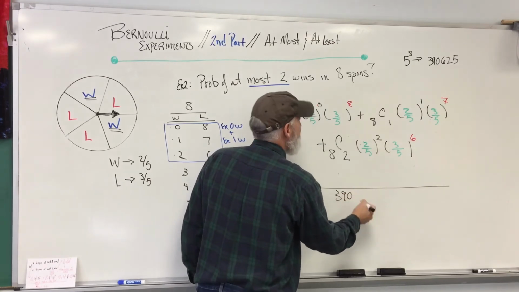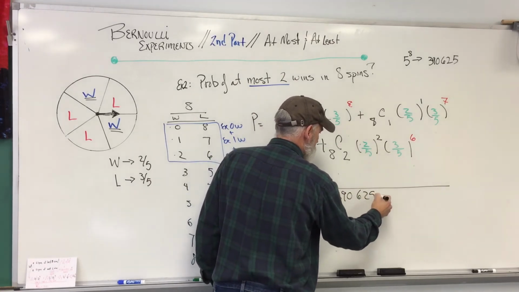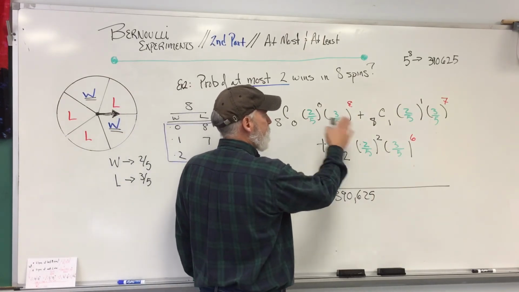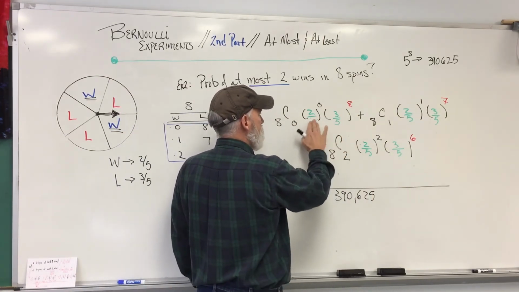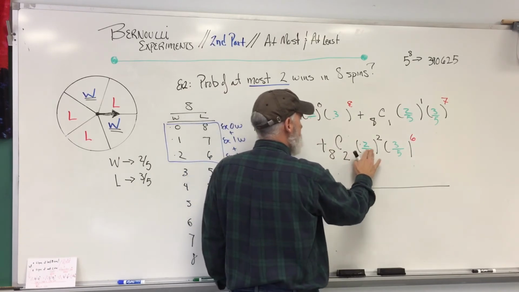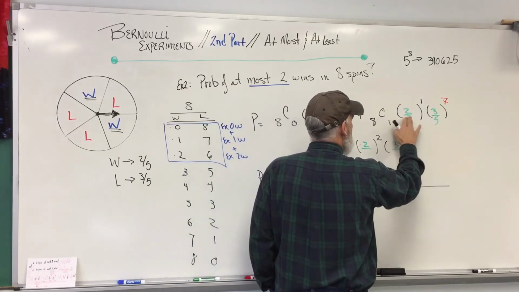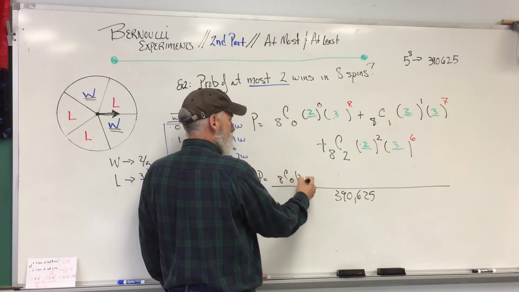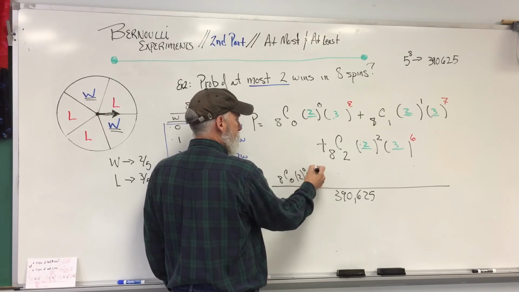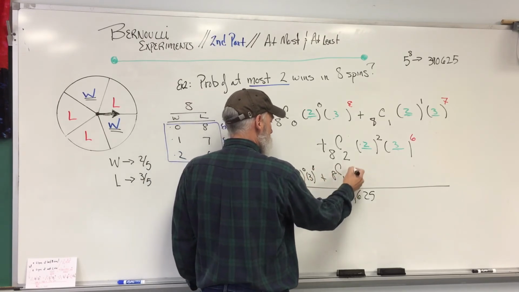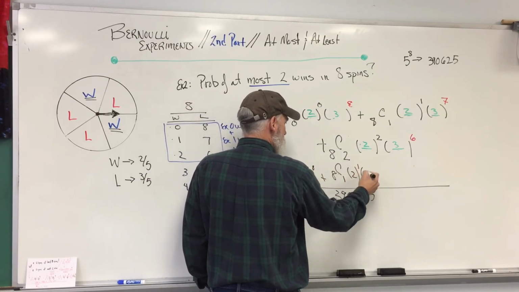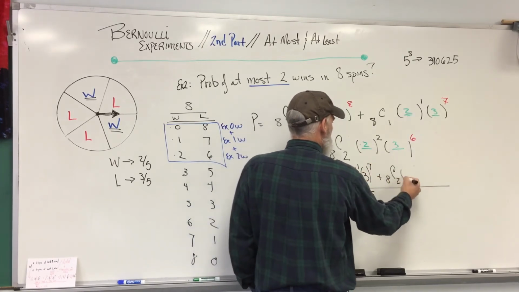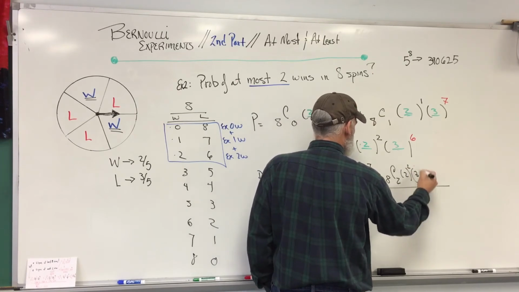I don't really want to write that for each fraction like I did the last one. I'm going to write it once. When we've taken care of the 5s, you shouldn't do this in notes, but once the 5s have all been taken care of, literally, that's what goes on the top. 8C0, 2 to the 0, 3 to the 8, plus 8C1, 2 to the 1, 3 to the 7, plus 8C2, 2 to the 2nd, 3 to the 6th.